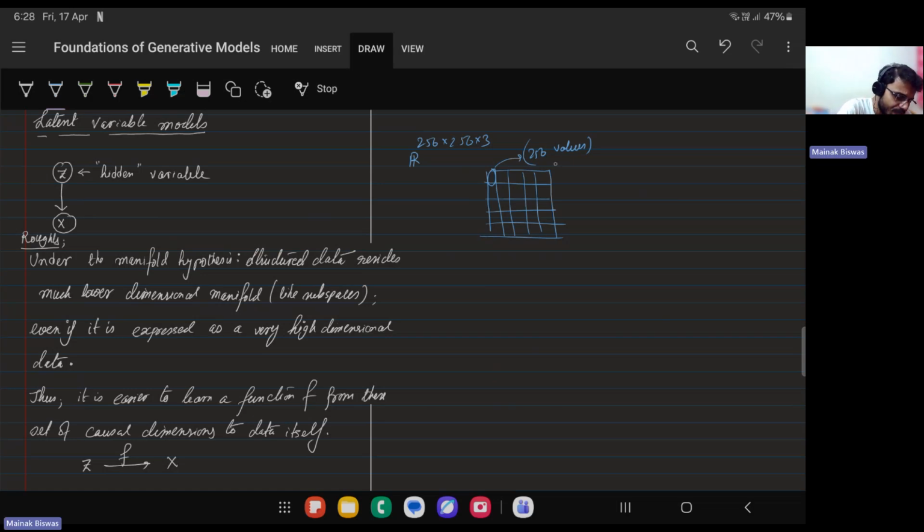If each pixel takes 256 values, you have 256 options for each pixel. So it is 256 to the power of 256 squared times 3. This is the number of images that you could make, even for a discrete image, leave alone an analog image.